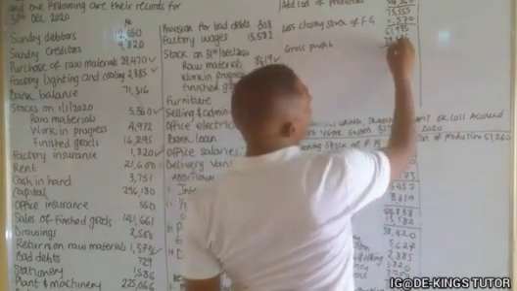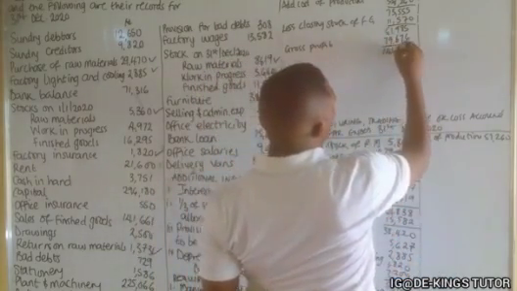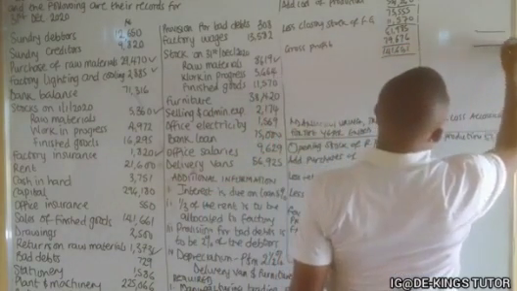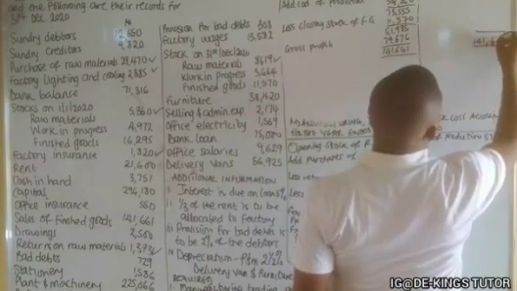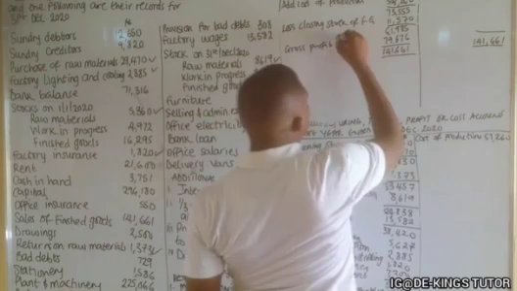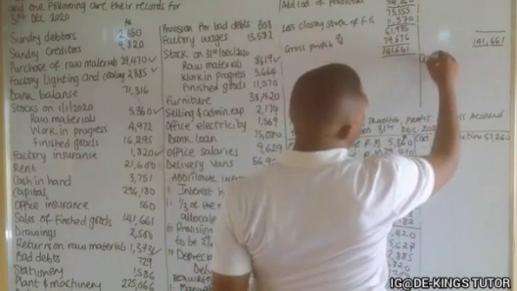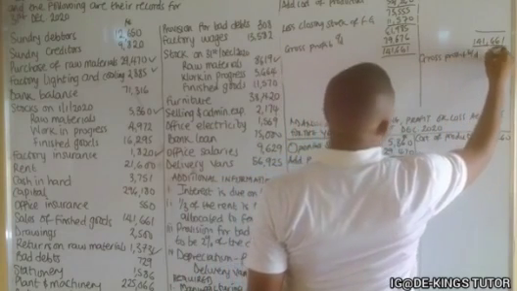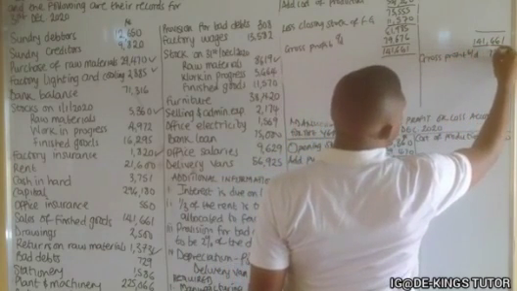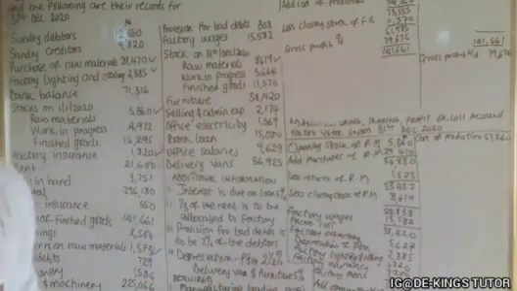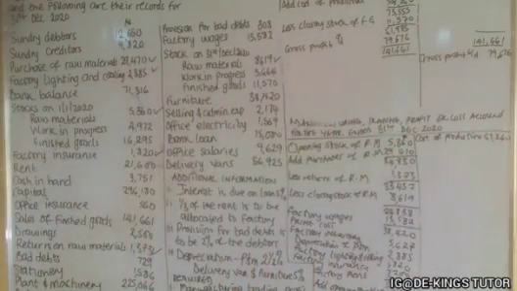So when you add them together, it should give you 141,661. So we have gross profit carried on. So it is brought down here as gross profit brought down as 79,676.